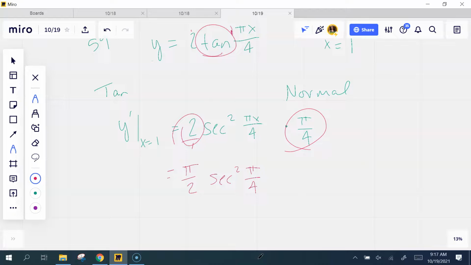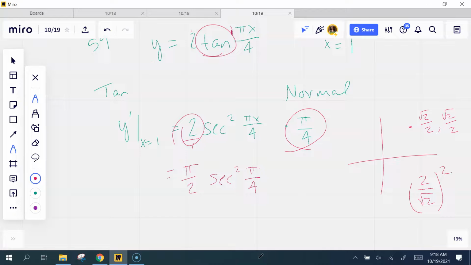Well, you got to flip it first. So at pi over 4, cosine is square root of 2 over 2. Because it's secant, it's going to flip, so it's going to be 2 over square root of 2, squared.